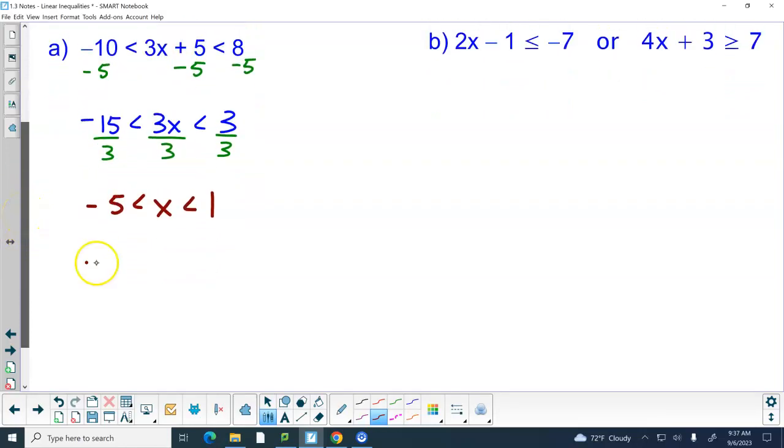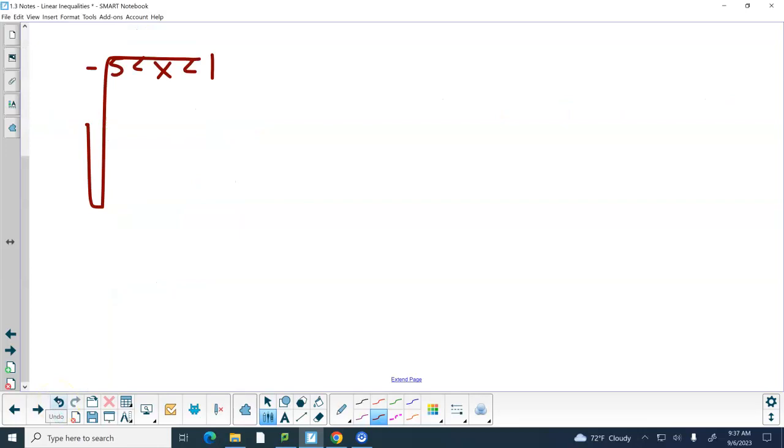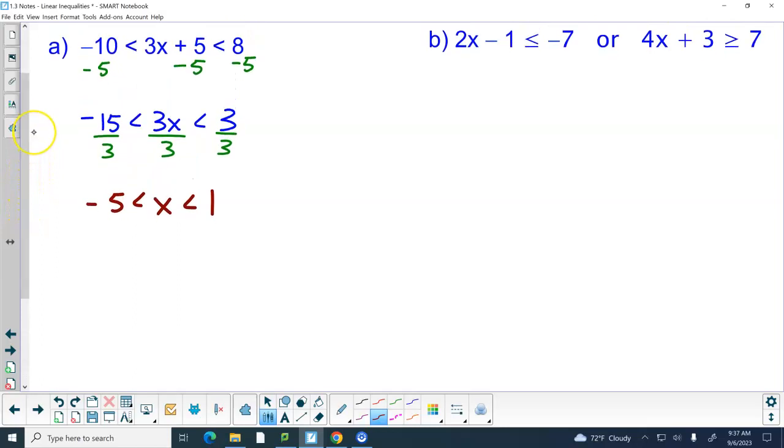Going to my number line graph. The numbers that I care about are negative 5 and positive 1. Open or closed dot at negative 5?